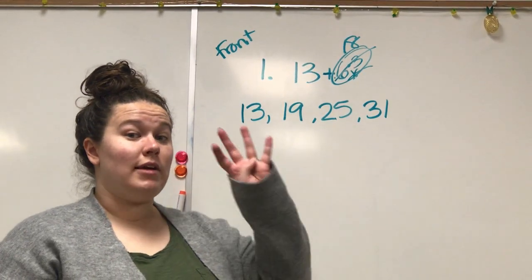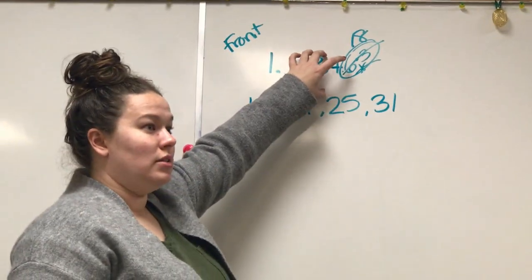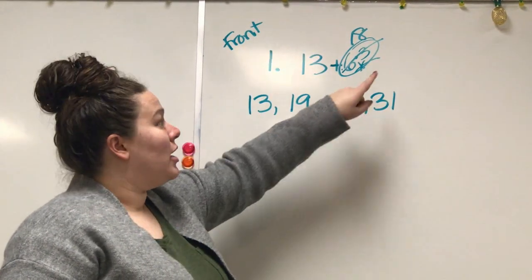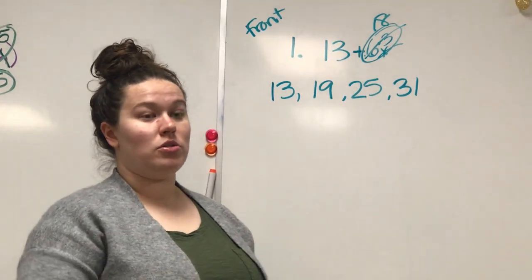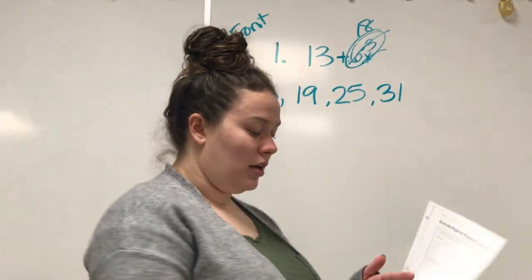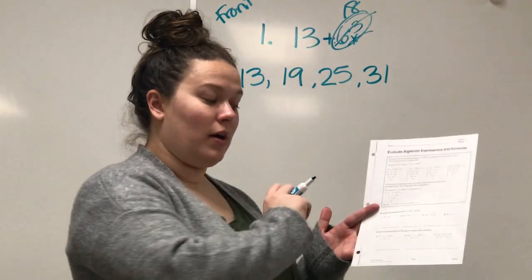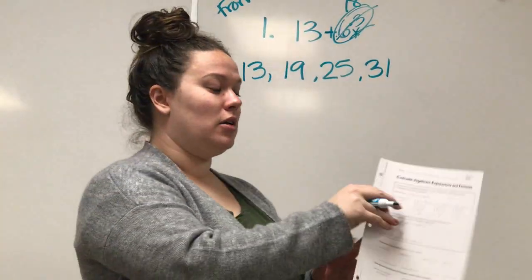You see how I did it 4 different times. Same base, same expression, I just changed the value of x every time. I started with 0, and then I went 1, 2, and 3. Okay, that's what I expect on number 2, 3, and 4 as well. Remember 5, 6, and 7 is exactly like we practiced in our book.